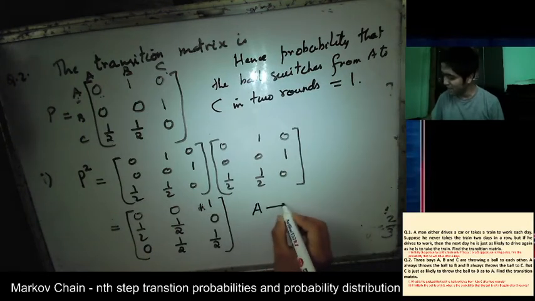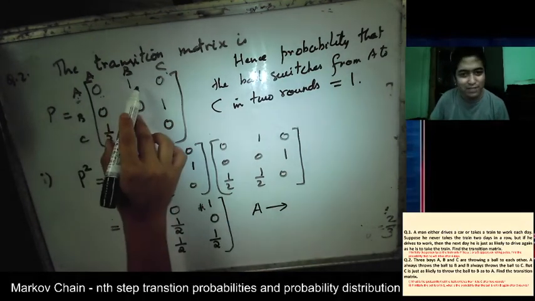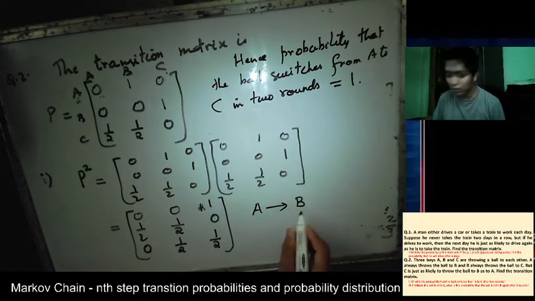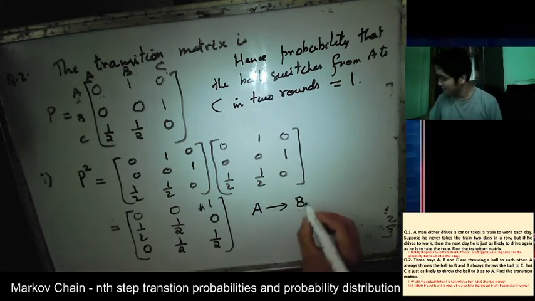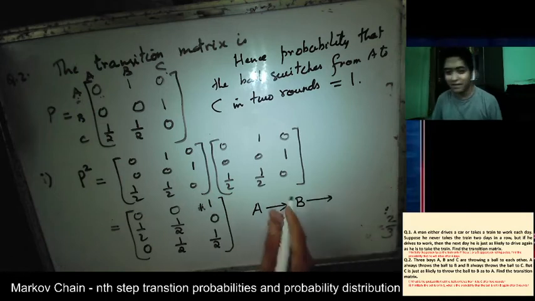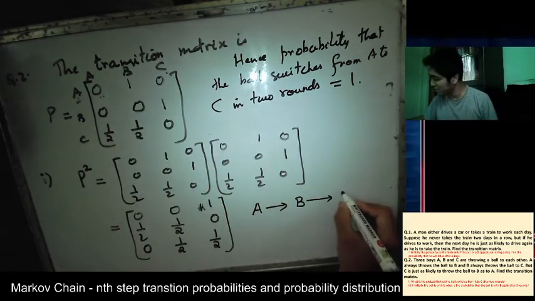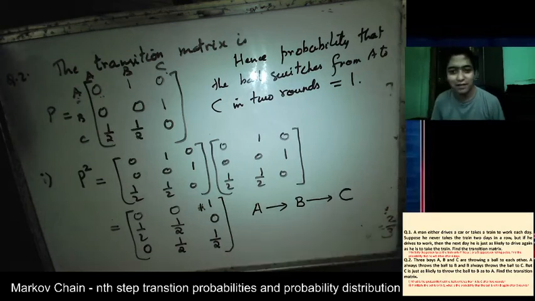Firstly, A will always throw to B, right? So after 1 round the ball will reach B. According to the question, B will always throw to C, right?